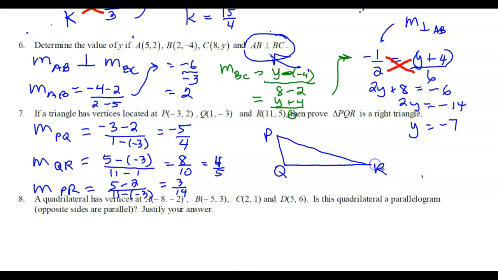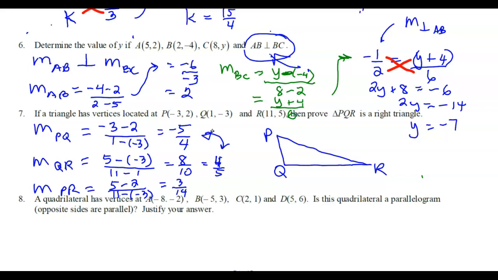So I calculated the slope of PQ. I got -5/4. I calculated the slope of QR, and I got +4/5. Notice that these are negative reciprocals of each other. If you flip, -5/4 becomes -4/5, and change the sign, it becomes positive.